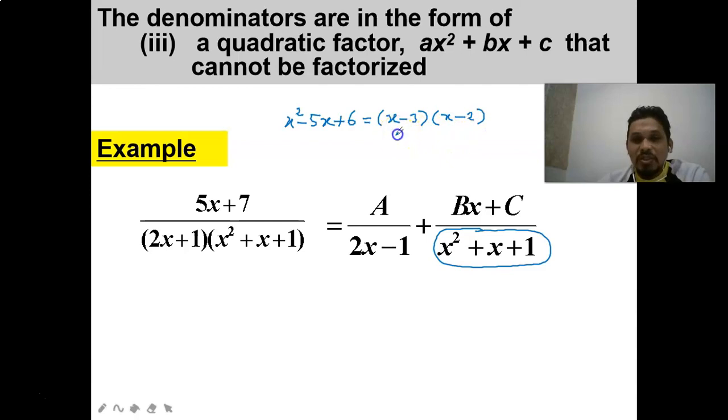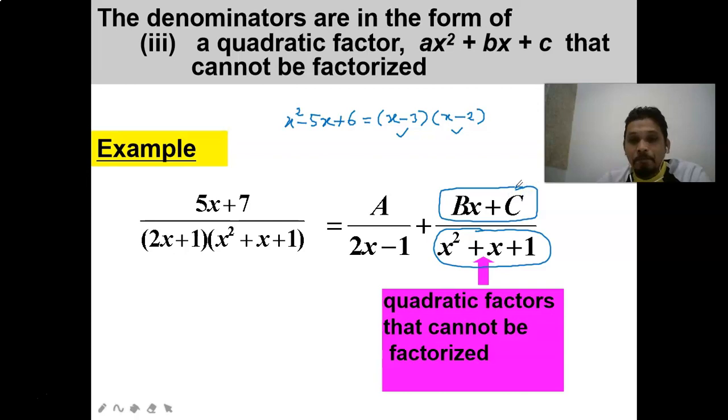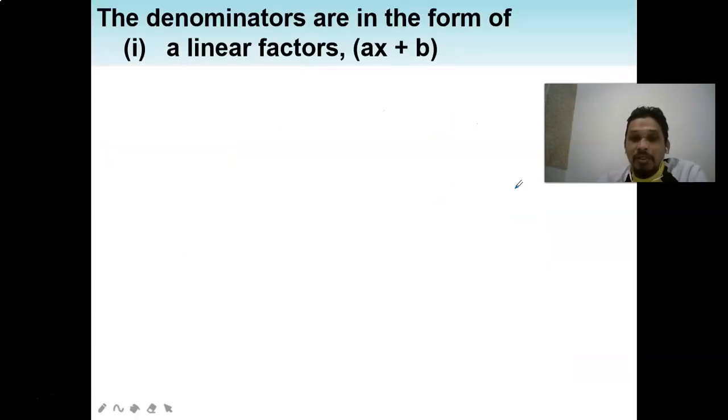So these two we define as two linear factors. But for x squared plus x plus 1, we cannot factorize it, so it remains as x squared plus x plus 1. And then you can see it comes up in the form of bx plus c. The quadratic factors that cannot be factorized.